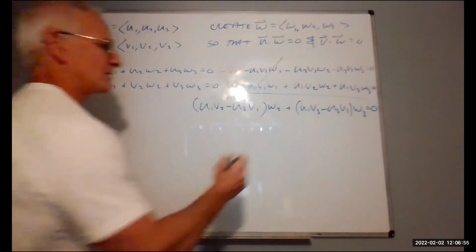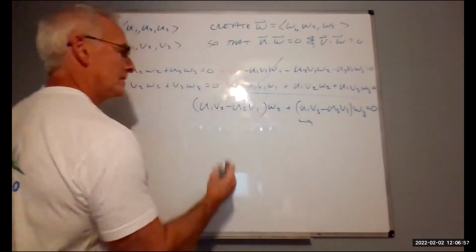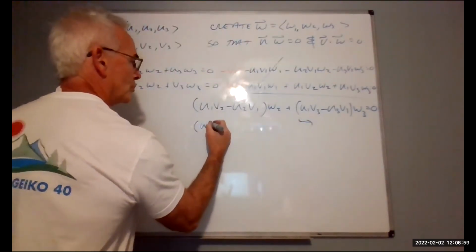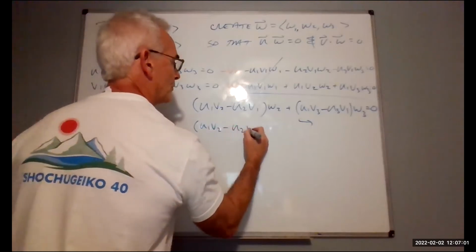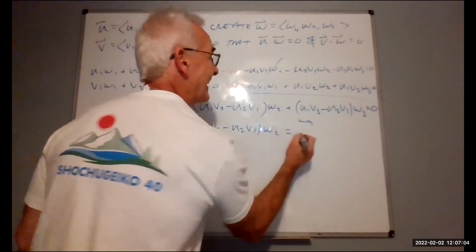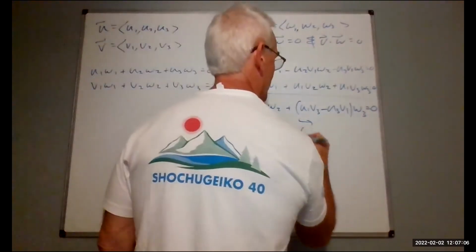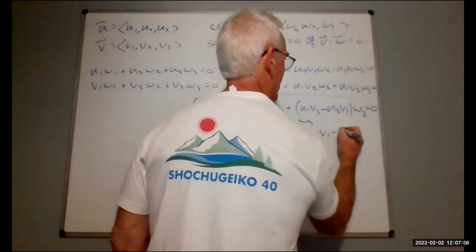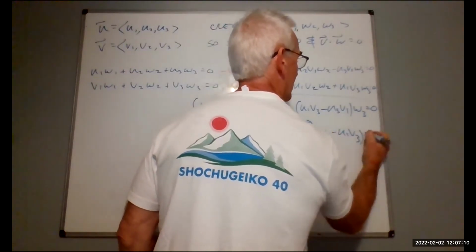Well, let's throw this on the other side, and then we'd have U1 V2 minus U2 V1 W2 equals U3 V1 minus U1 V3 W3.